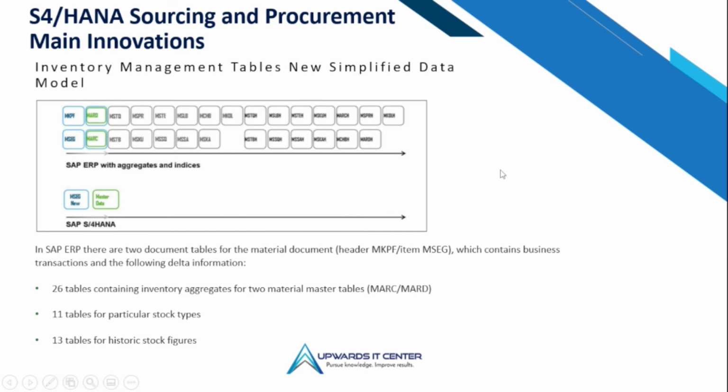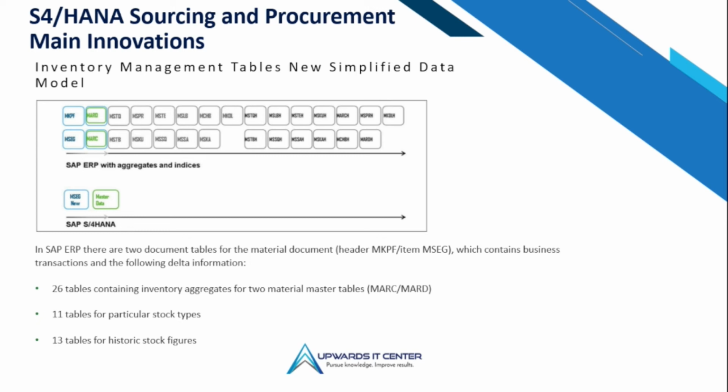Now we're gonna talk about the new model for inventory management tables. SAP has simplified the tables for S/4HANA related to inventory management a lot. Just to remember, in SAP ERP there are two document tables for material document, MKPF and MSEG, which contain business transaction and item data.